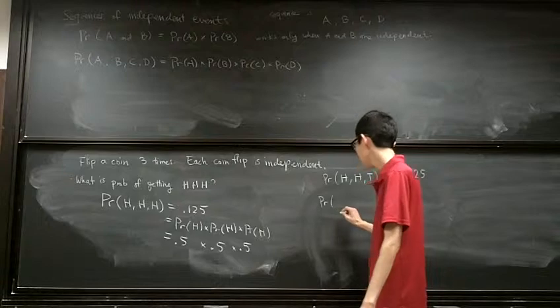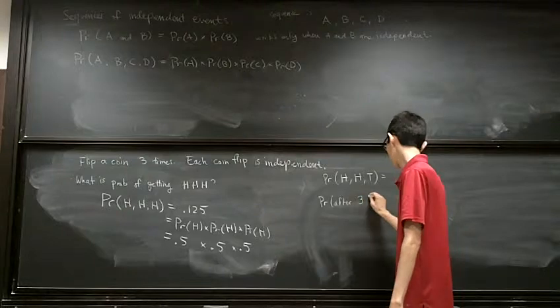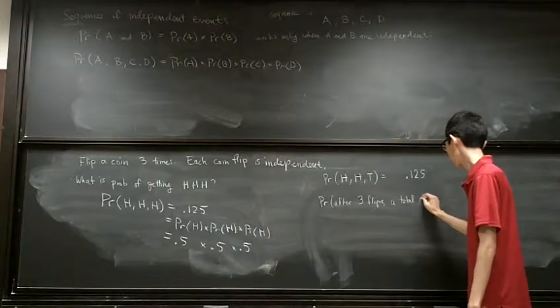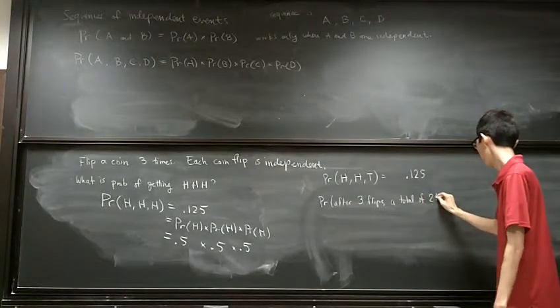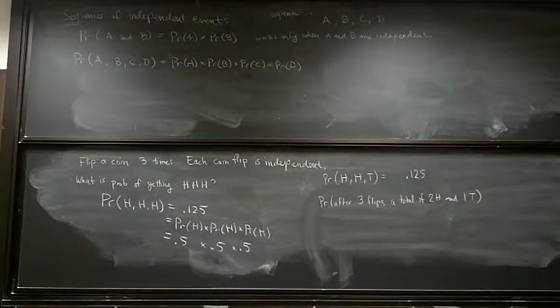Okay, I'm going to change this up. What is the probability that after 3 flips, a total of 2 heads and 1 tail? This one's a little different. Just think for a moment.